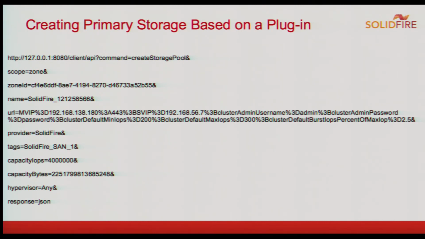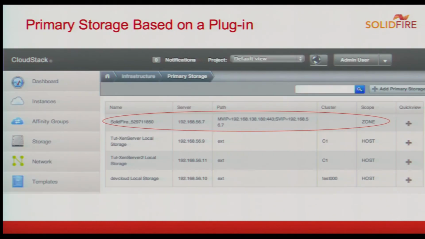The 4 million IOPS is really a limit on the sum of your min IOPS. If you spin up a bunch of VMs with min and max, we're really looking at the sum of the mins, because the max is not guaranteed. The min is what's guaranteed. The rest of that we're just going to skip for the sake of time, and it isn't really that critical.